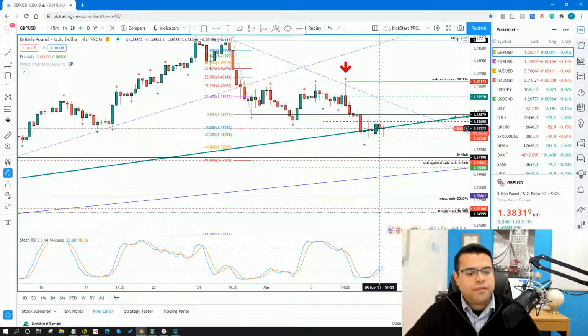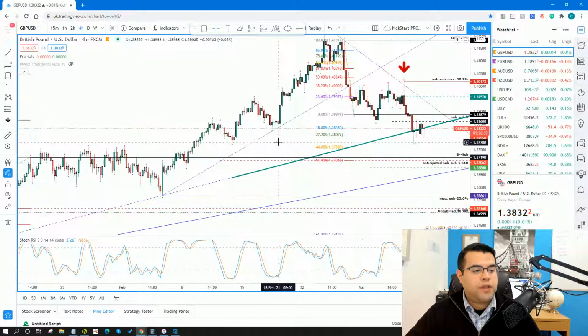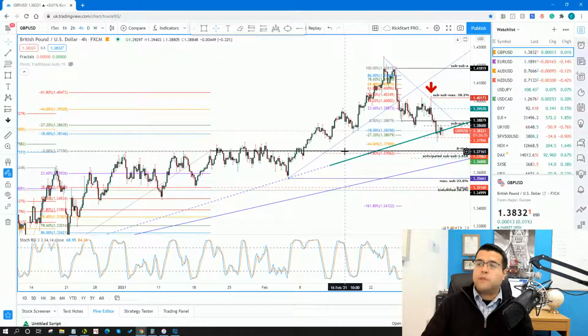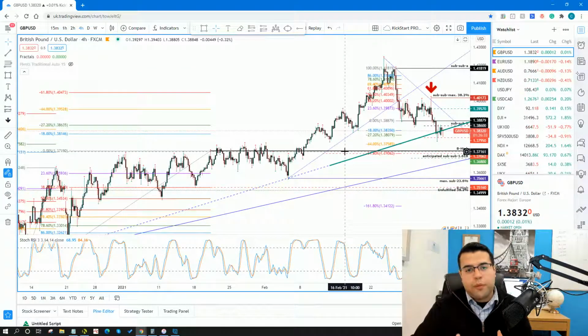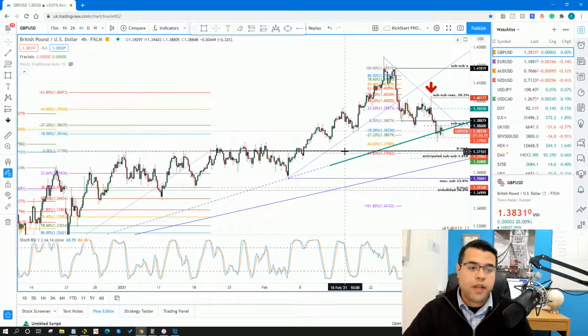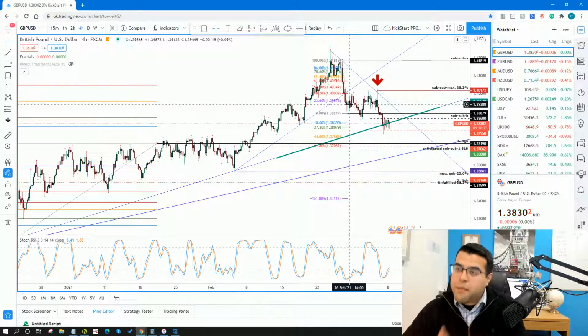Last week on Friday, the market here closed above this trend line, right? So we broke this innermost trend line. And as I teach you inside of the Ultimate Forex Trading course, anytime we break one trend line, the market likes to make its way toward the next available trend line. That's exactly what we see happening, or having had happened here.